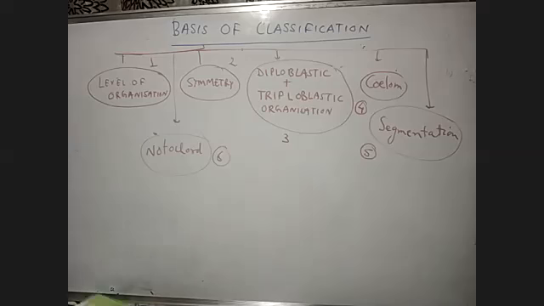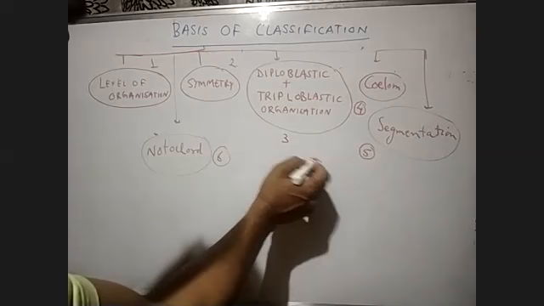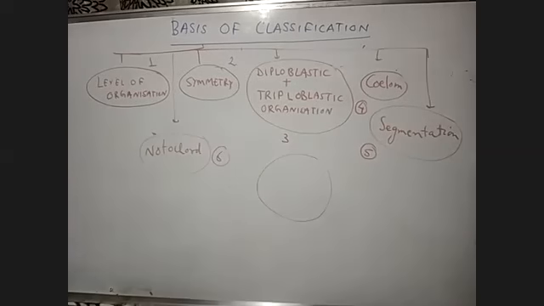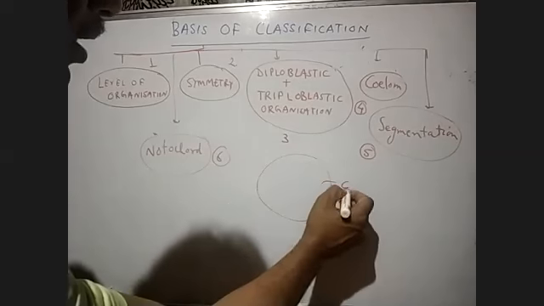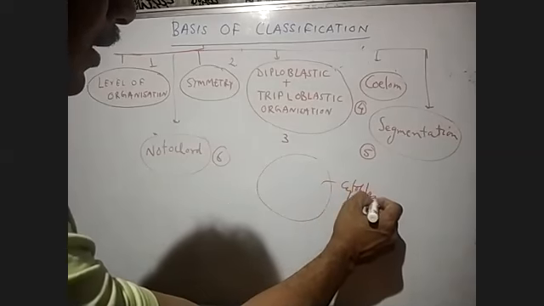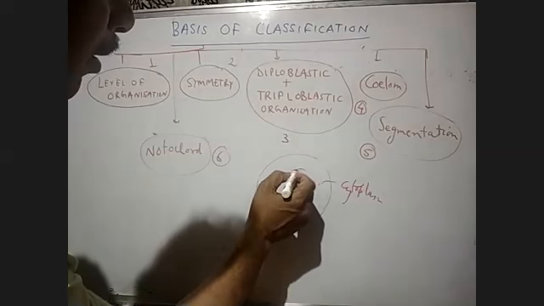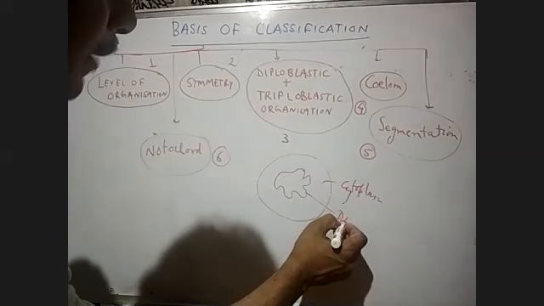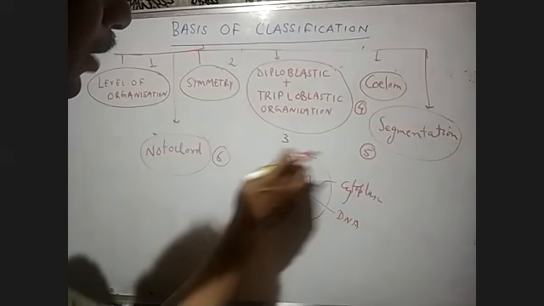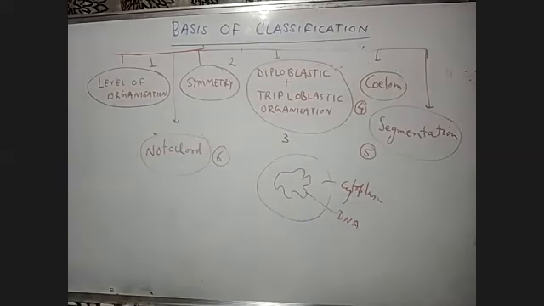So prokaryotes don't have a nuclear membrane. What we see is that the chromosomes are there in the cytoplasm, and the chromosome contains the DNA. They don't have cell organelles.